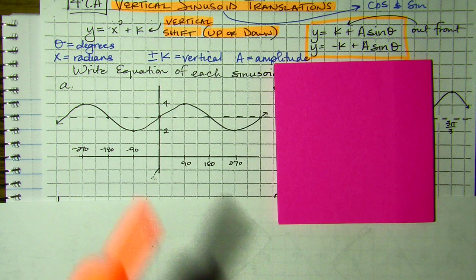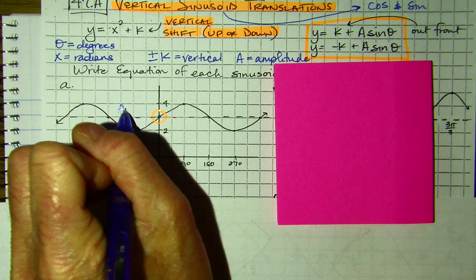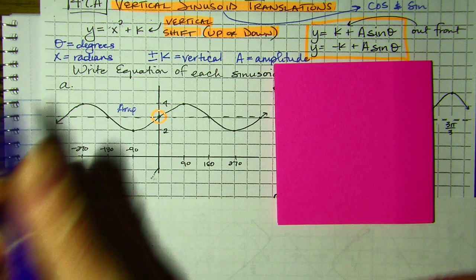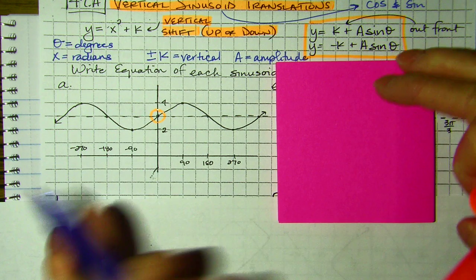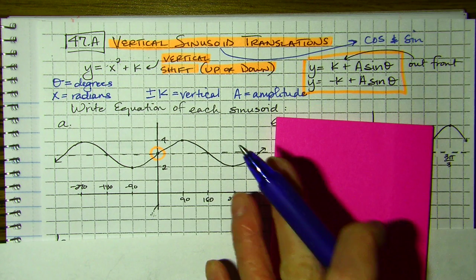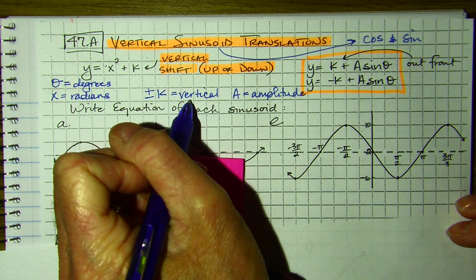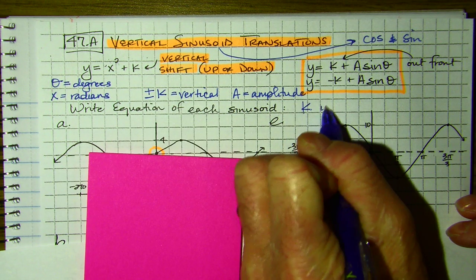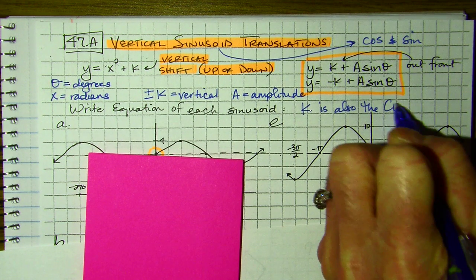Okay, I should have mentioned that my vertical shift is also my center line. So k is the vertical shift, but k is also the center line.